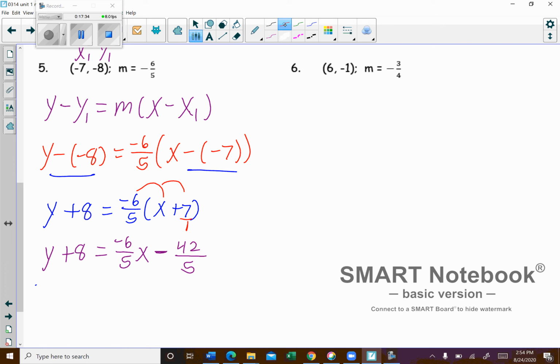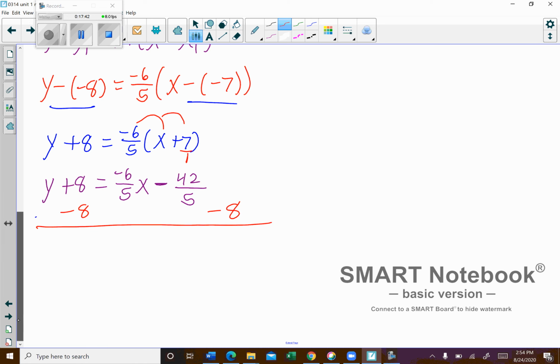Now the most challenging part is going to be, let's see, we're going to subtract 8 from both sides, right? And I'm going to have to scroll down. We'll come back up for that other problem in a minute. So this cancels out, and we're going to have y equals -6/5x minus 42/5. Now I've got to get a common denominator.